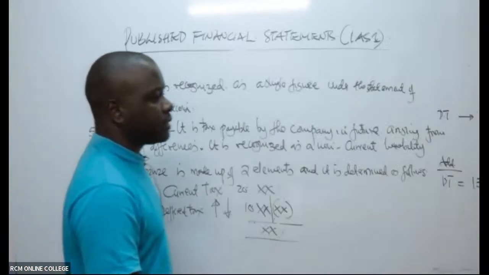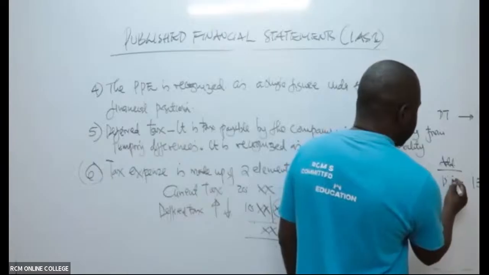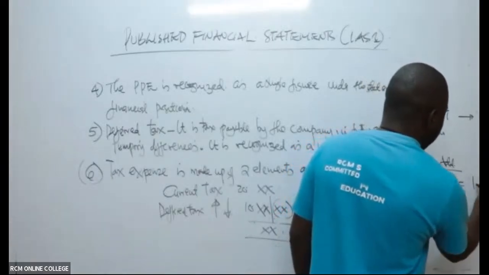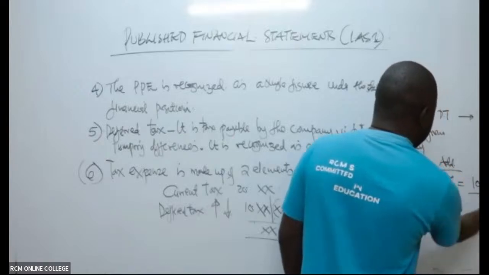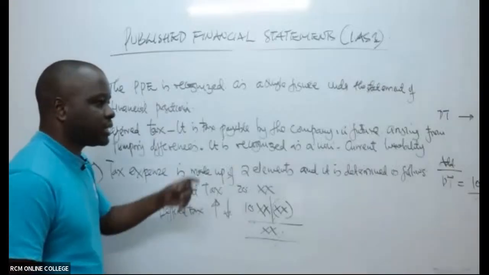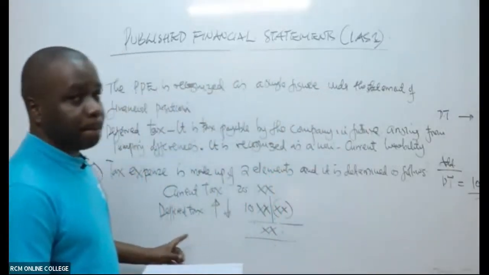But if you are told the deferred tax by the end of the year was not 130 million, but actually 105 million, it means there was a decline in the tax to be claimed in future. That is like an income.